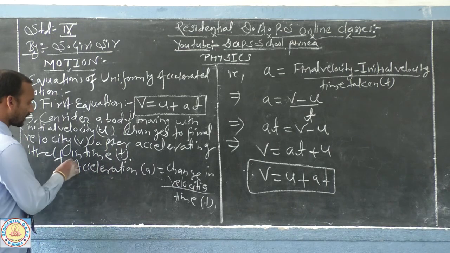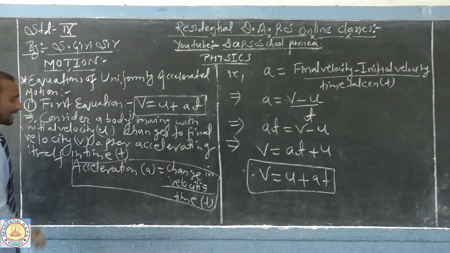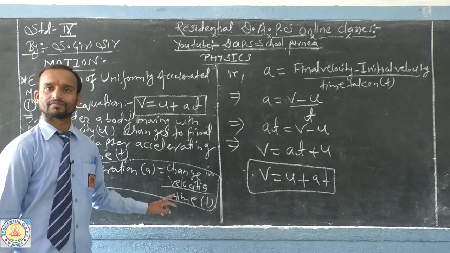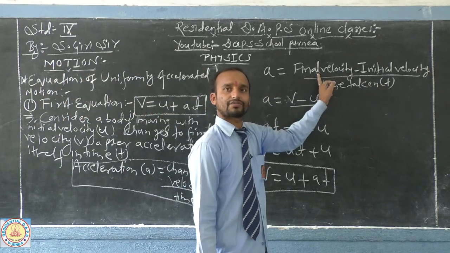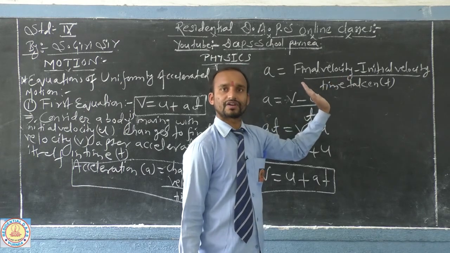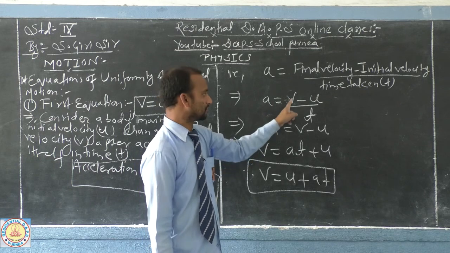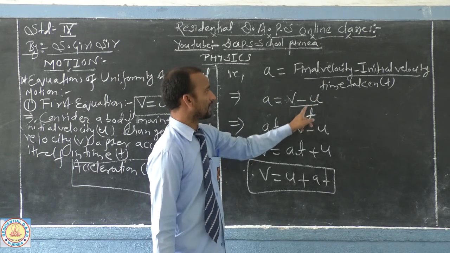By the definition of acceleration, acceleration a equal to change in velocity by time. Change in velocity means you subtract the initial velocity from the final velocity, divided by the time taken. So you may write a equal to (v minus u) by t.